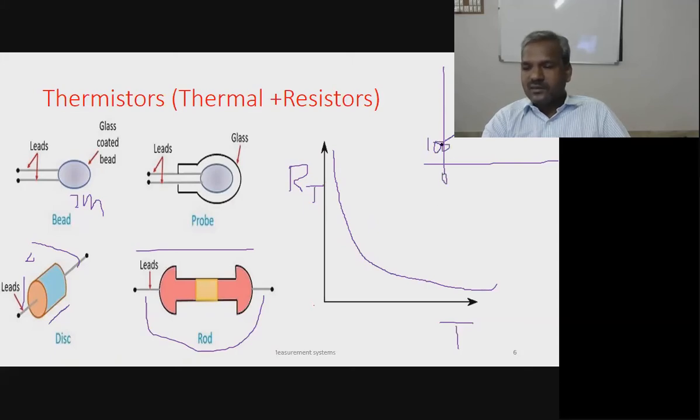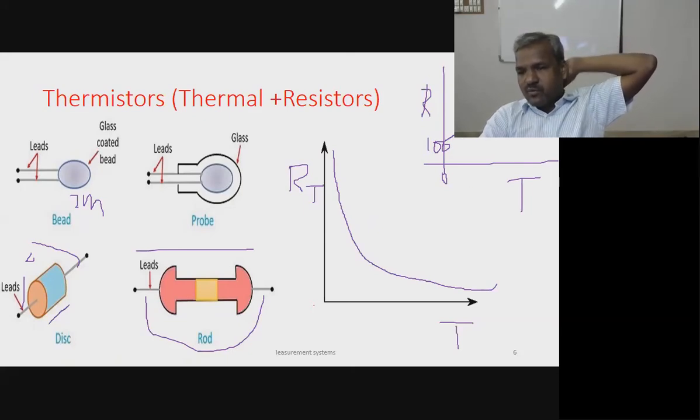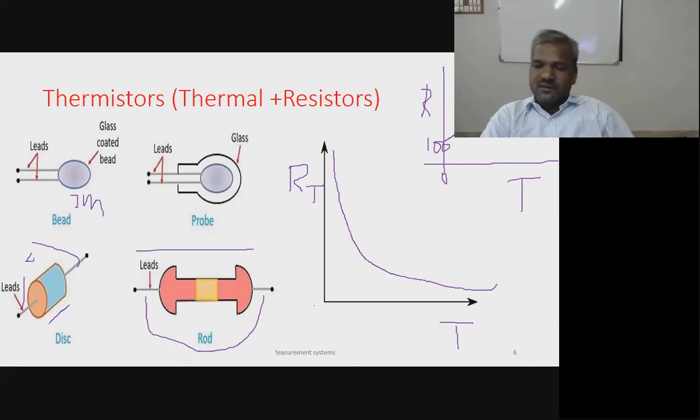As temperature increases, the resistance also increases proportionally, so it is called a PTC, positive temperature coefficient, temperature sensor. This is a negative temperature coefficient sensor. So when temperature increases, resistance decreases exponentially.